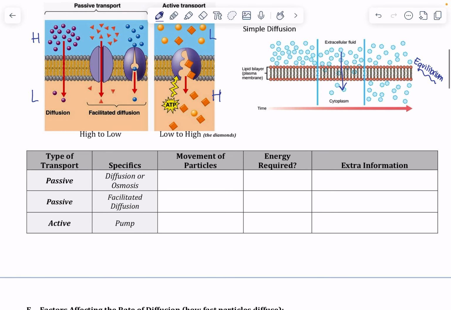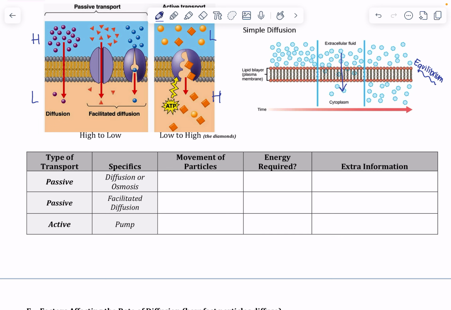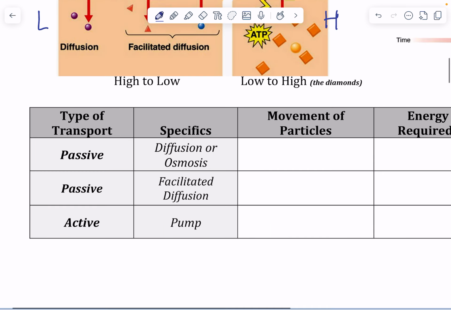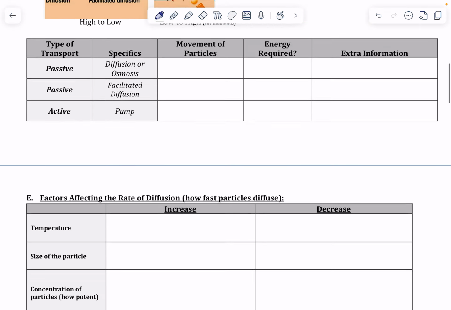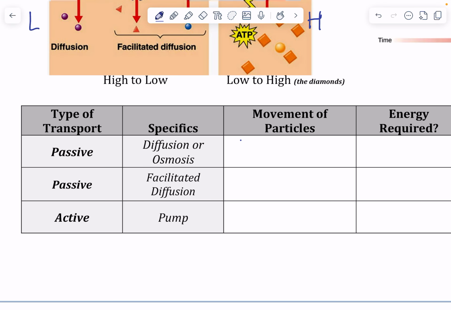So, here are the different types of transport, the specifics about them, movement of particles, energy required, all these things. So let's go ahead and start this chart. Type of transport is passive. It's either diffusion or osmosis. I didn't talk about osmosis yet, but I will. The movement of particles is from high to low for diffusion.